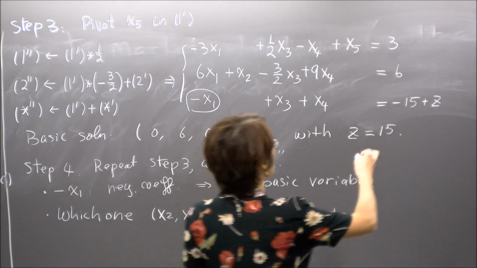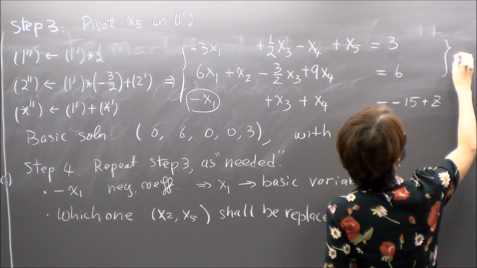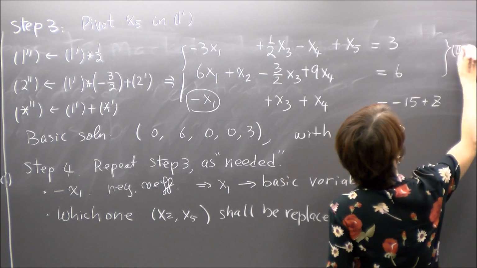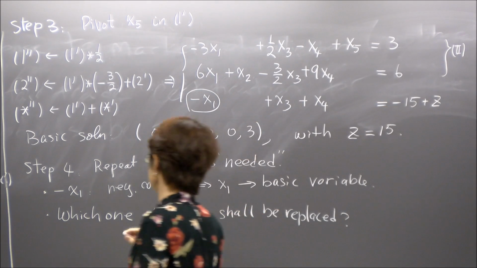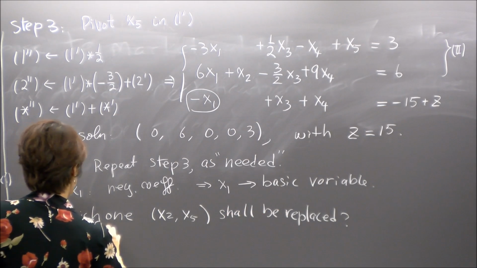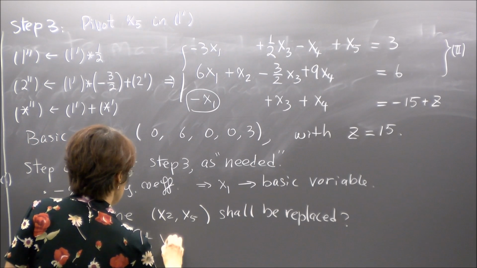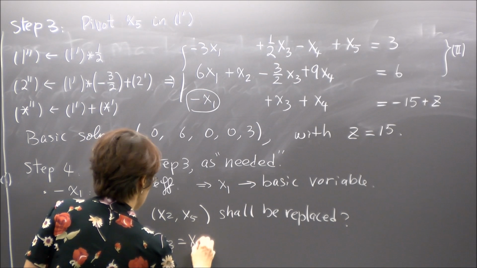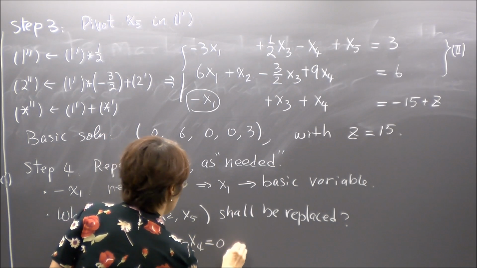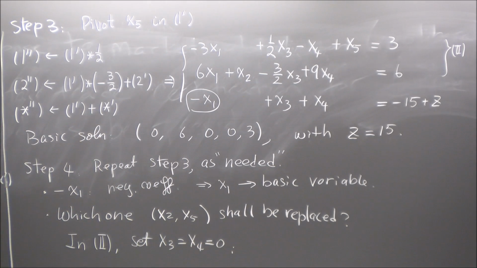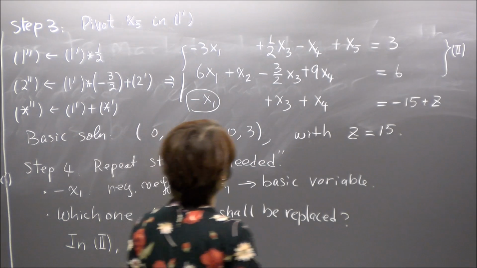So what one would do will be taking this constraint here, and in this constraint, I will use this information that x3 and x4, they are 0. I put that in, and I write it out again, and see what it's telling me. Okay? So let's do that.